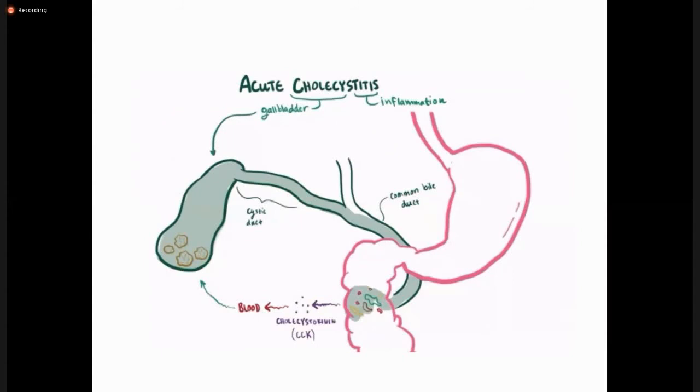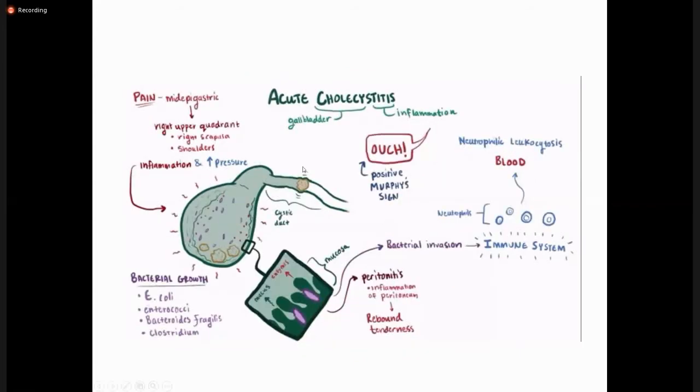Now this is again a reiteration. We are going to go very quickly. In acute cholecystitis, there is inflammation of the gallbladder. When cholecystokinin is secreted, it causes the gallbladder to contract. If stones are there, this contraction may cause impaction at the cystic duct.